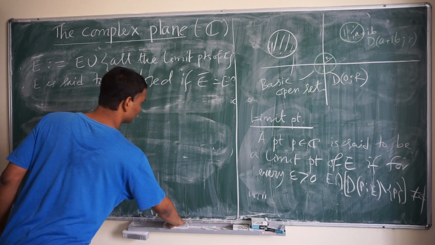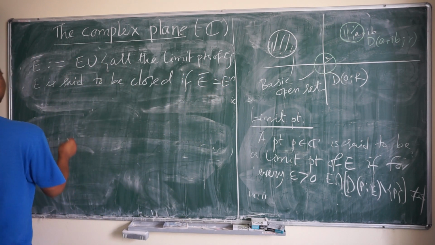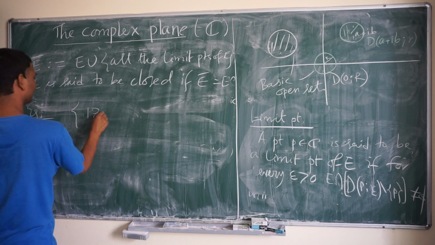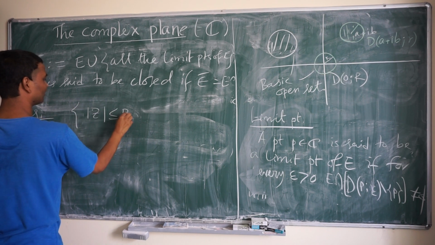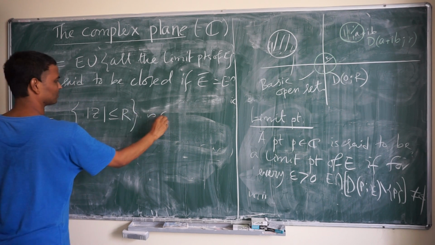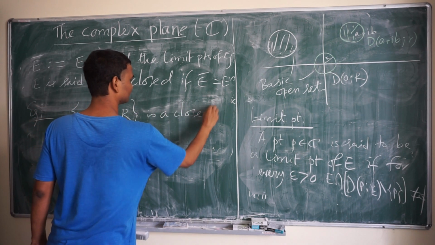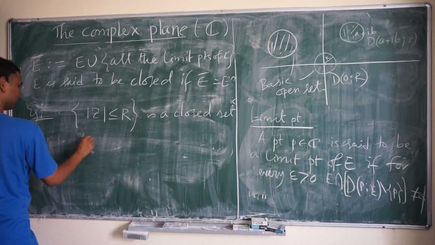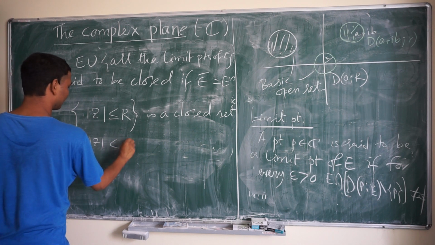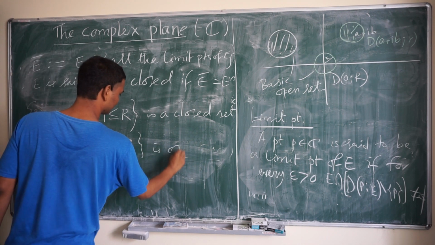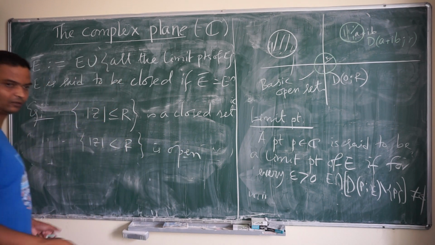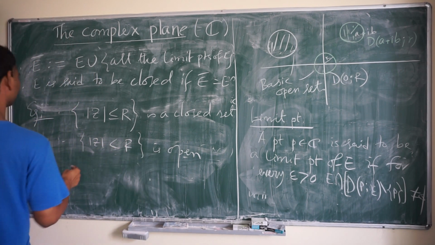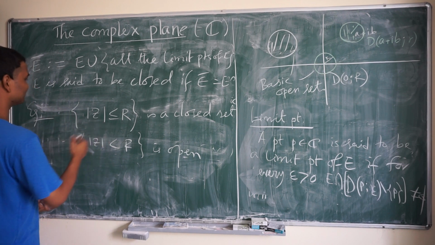So the closure of these disks, for example, mod Z equal to R is a closed set. And of course mod Z less than R is open. This will play one of the fundamental roles in this course, so keep on repeating these things.